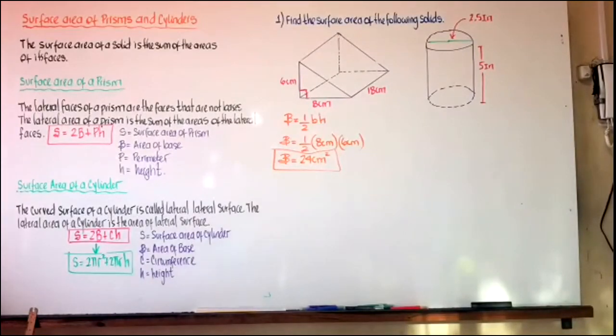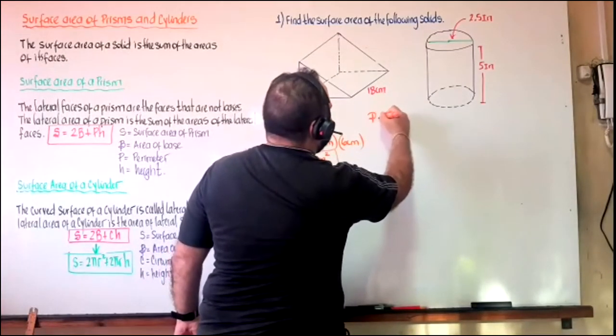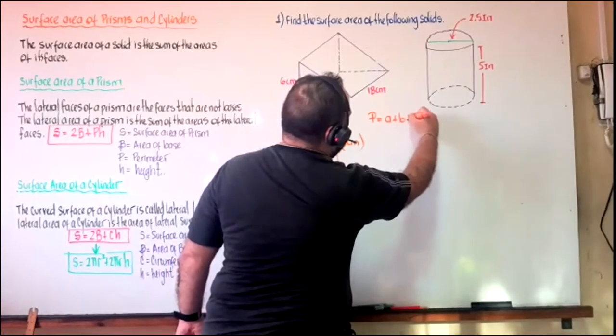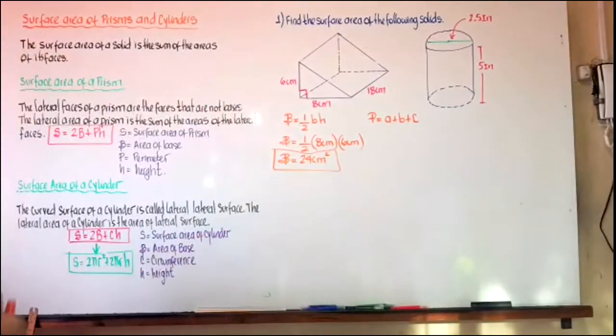The second step, remember, we have to find the perimeter of this triangle. And if you remember, the formula for the perimeter of the triangle is the addition of the three sides. P equals A plus B plus C, where A and B are the legs, and the letter C represents the hypotenuse of this right triangle, okay?